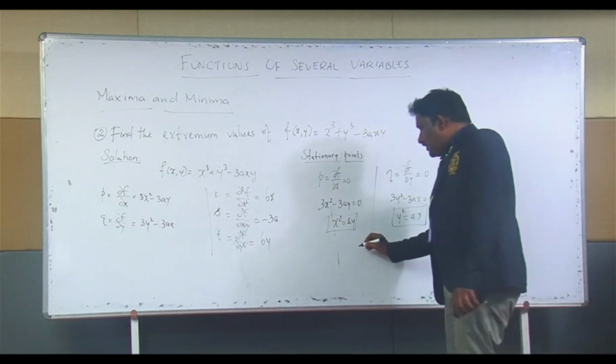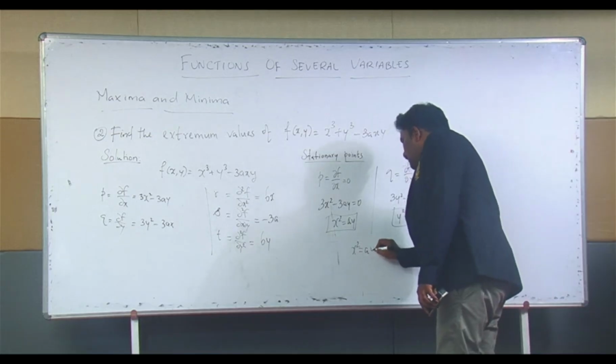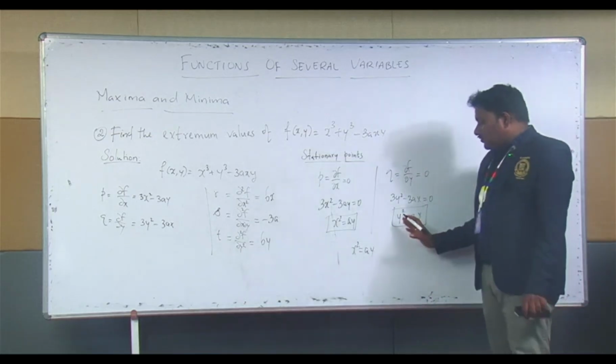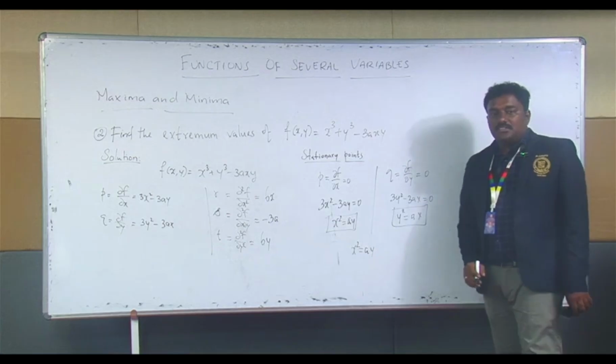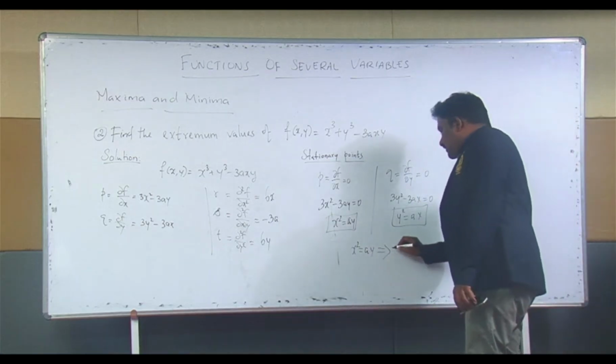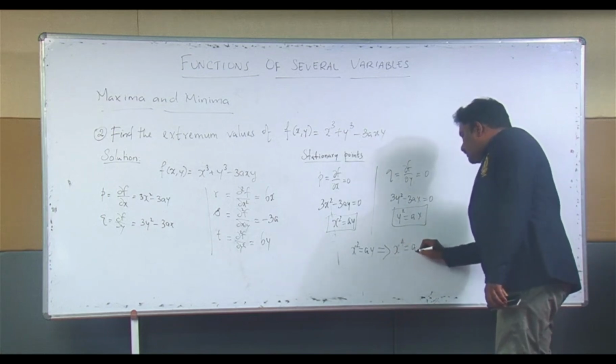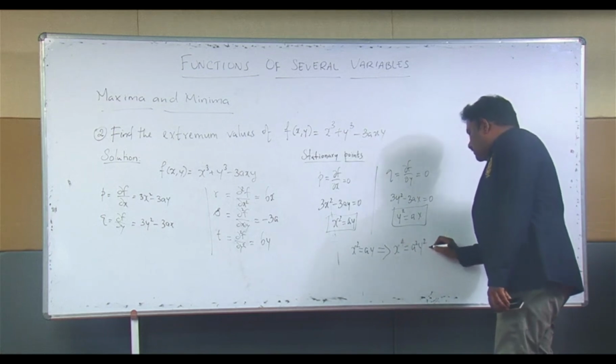Okay. So, I will take x squared equal to ay, and replace it in the other equation. So, I will square this. If I square the equation, it becomes x power 4 equal to a square y square.